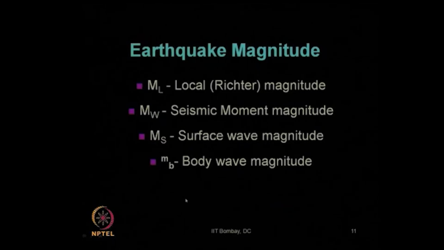Other than that, we also have a few more magnitude scales used locally, like the Japan Meteorological Agency, which uses its separate magnitude scale, JMA. So, there are a few other magnitude scales, but worldwide these four are commonly used, and among those the most popular one is local magnitude.